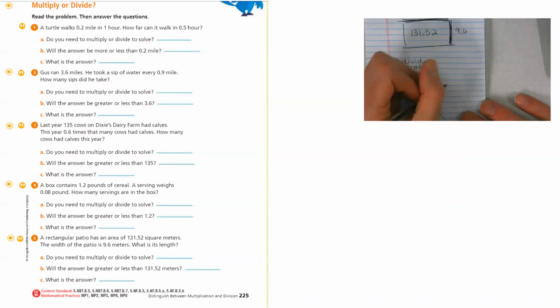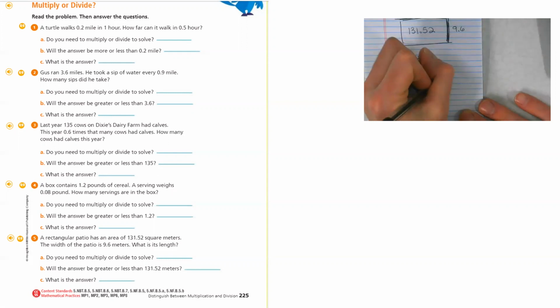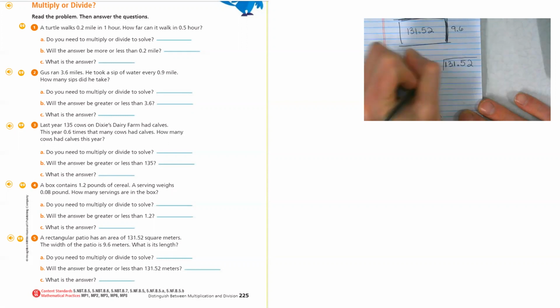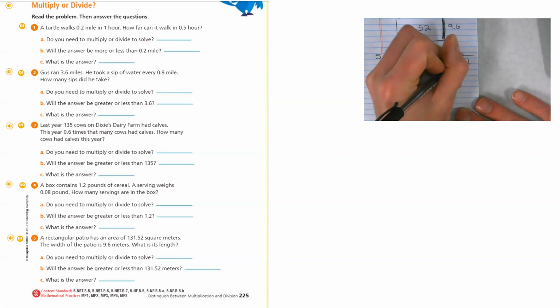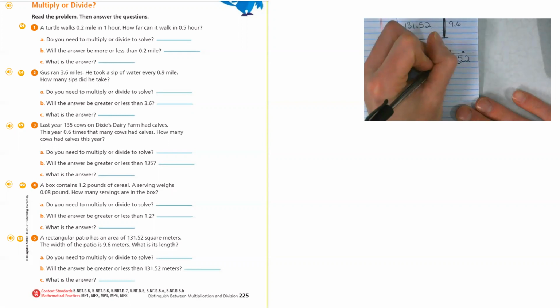So we have 131. Am I allowed to have 9.6? No. So I have to move this over 1, move this over 1. The decimal is going to be right here. 96, the first thing it goes into is 131.